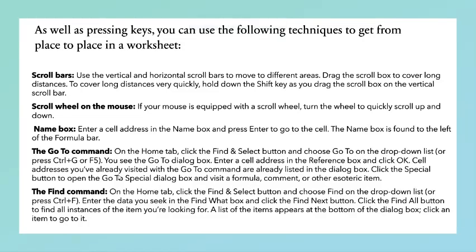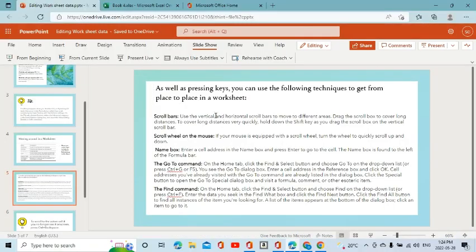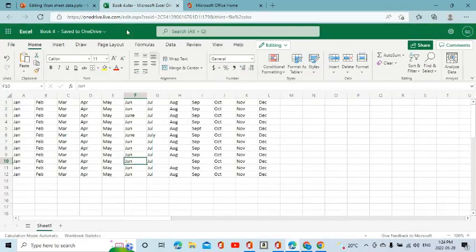Now let's have a look at the go to command and the find button. Let's go to the worksheet over here. On the home tab, if you go further, you will see find and select right here. I have explained this in my MS Word video also, so you can watch that video too.